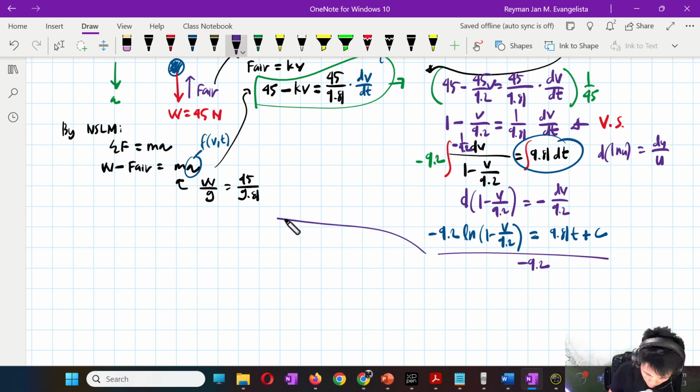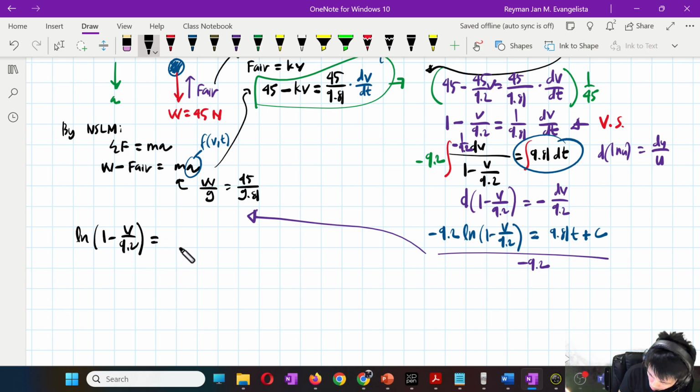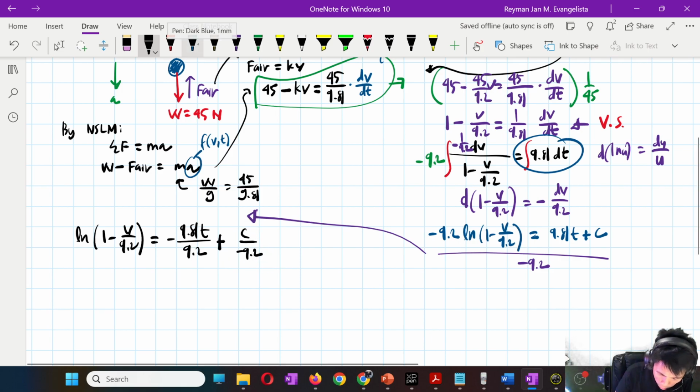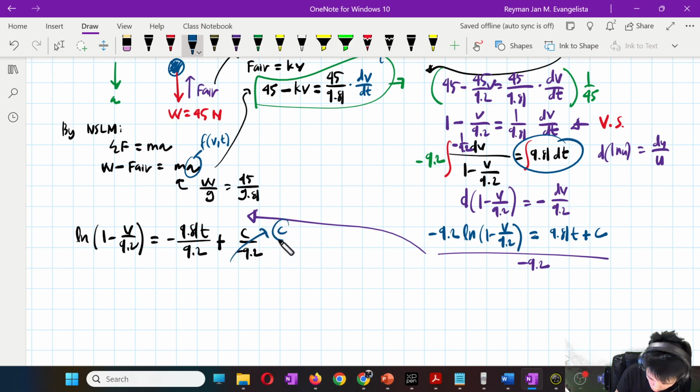So it will become ln of 1 minus v over 9.2 equal to negative 9.81 t over 9.2, plus c over negative 9.2, which is still a constant.